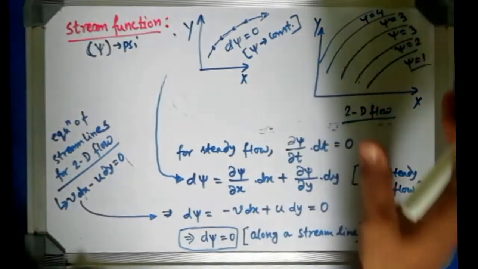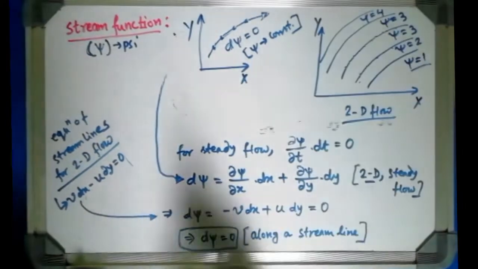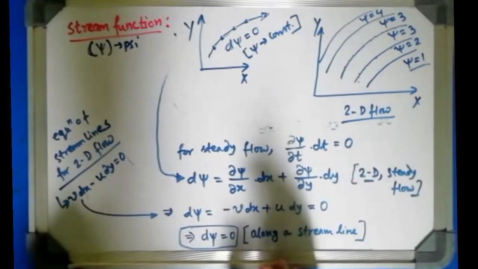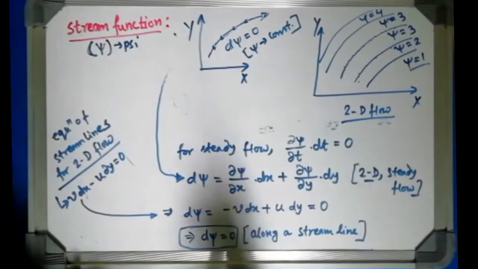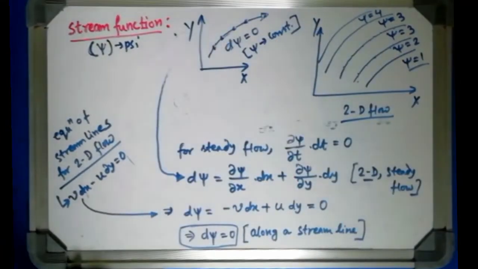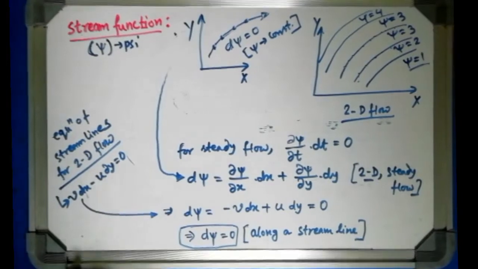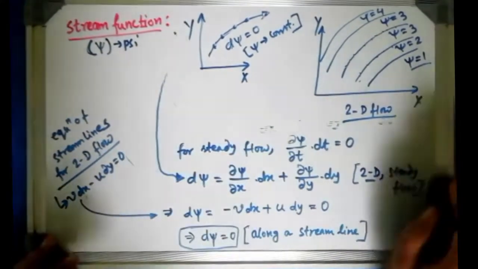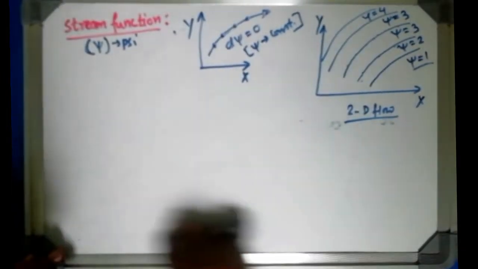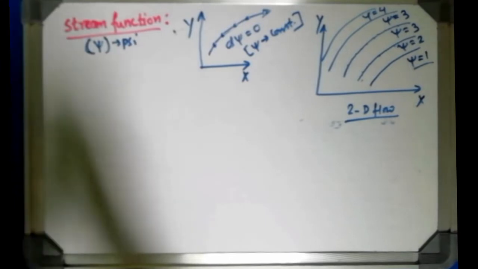So this is what we can conclude from here: if we know the streamline concept, then we can say along any streamline, the stream function will remain constant. Understood? So from here, if we write the properties of stream function, what can we conclude over here?